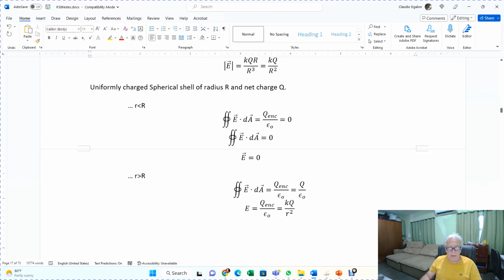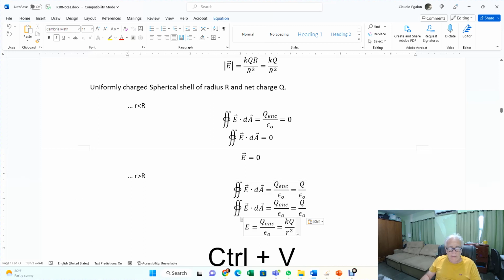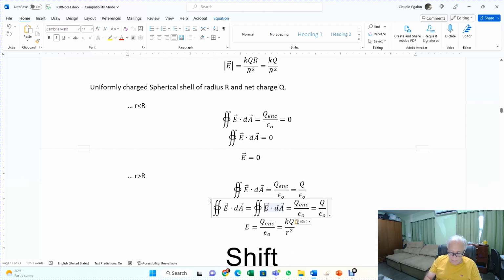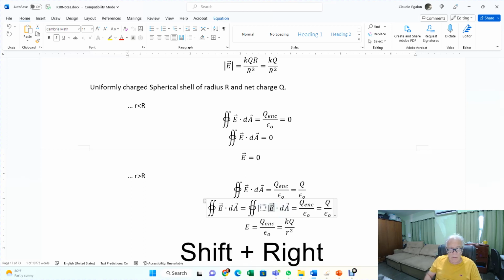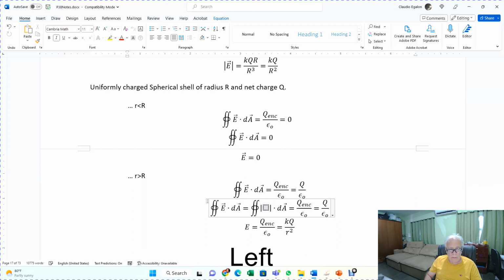The Q enclosed is going to be Q. The integral is going to be, just like before, the magnitude, right?